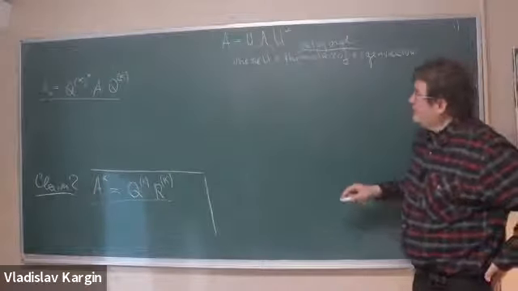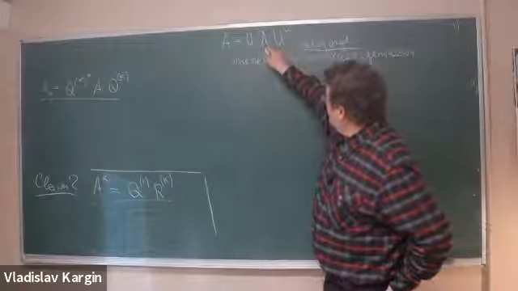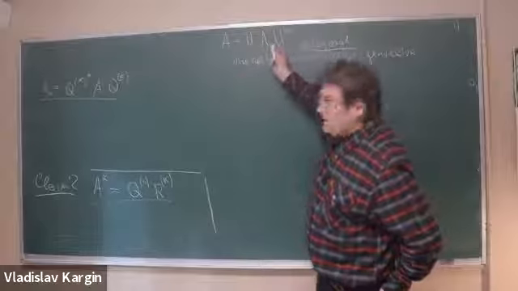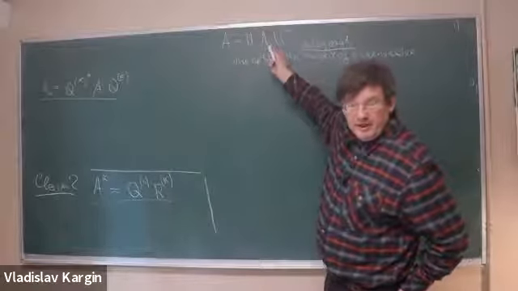Now let us also assume that this matrix lambda is a diagonal matrix of eigenvalues, right?